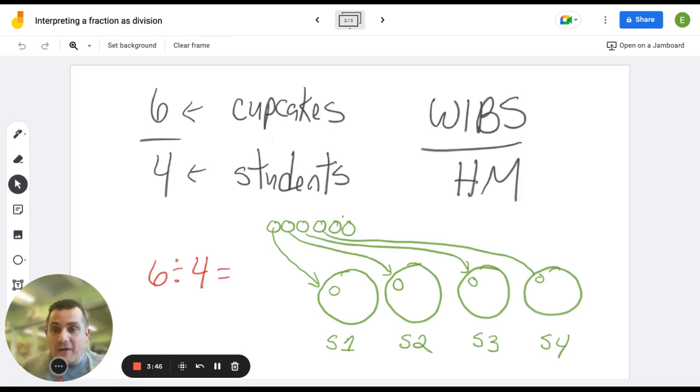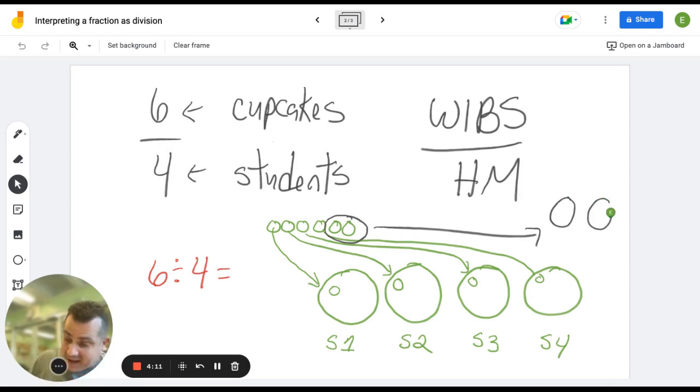So these last 2 cupcakes, I have to cut them up. And what am I going to cut these 2 cupcakes up into? Well, let me go back to my original fraction, and I had 4 as my denominator, 6/4. So I'm going to take these 2 cupcakes and move them over here. 2 cupcakes. And I'm going to split them into fourths.